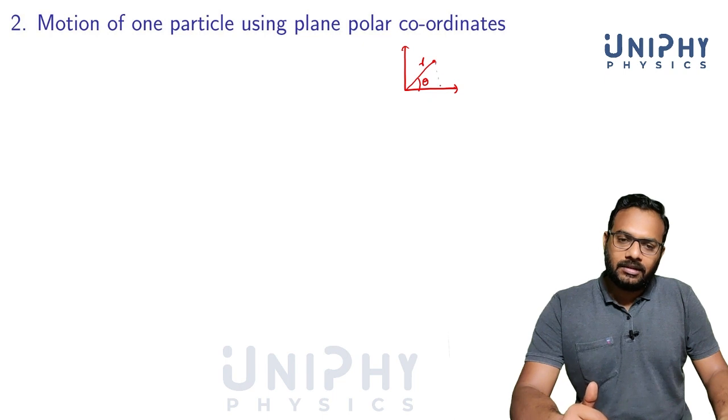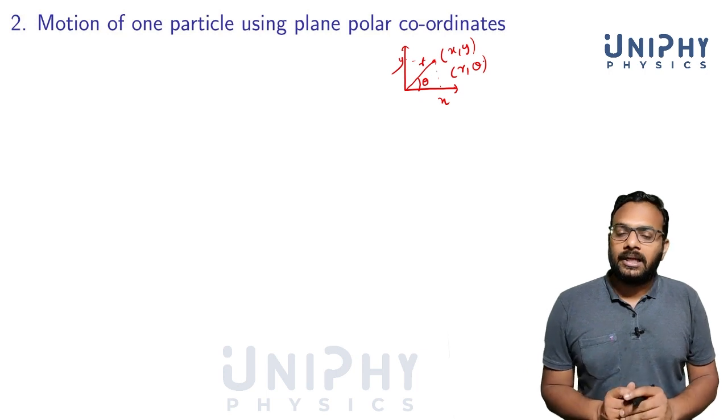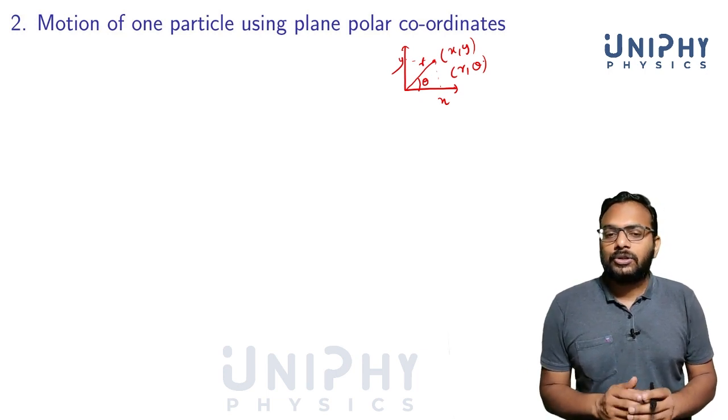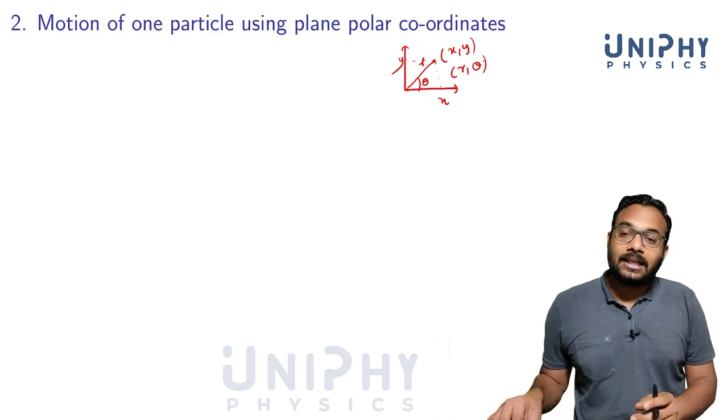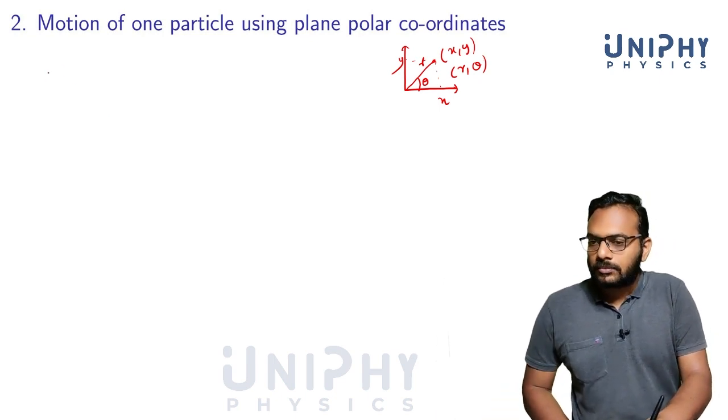You can alternatively use x and y. So the same point can be written in Cartesian coordinates as x comma y, or r comma theta using the plane polar coordinates. Now we are supposed to use the plane polar coordinates as the generalized coordinates. This is instructive.